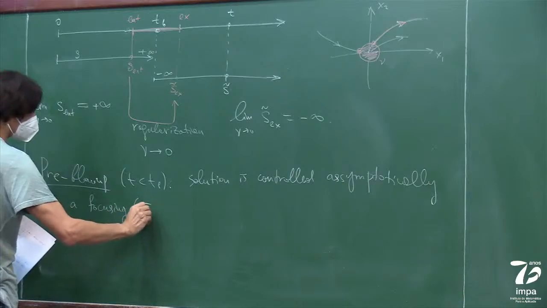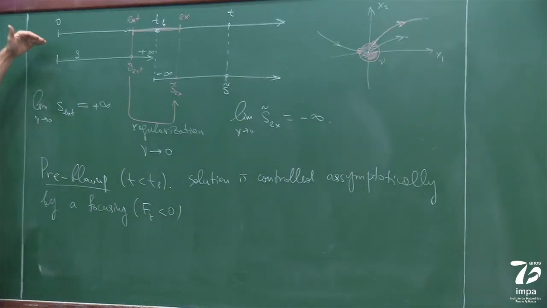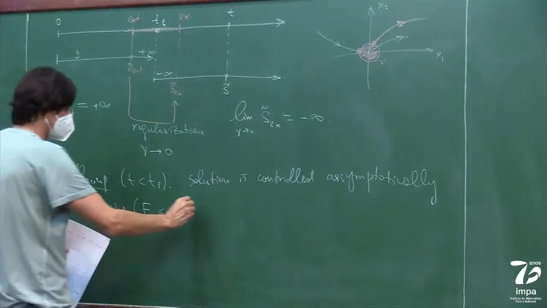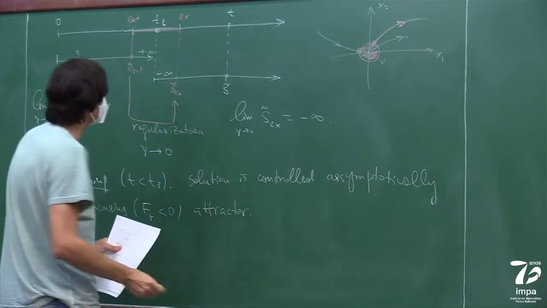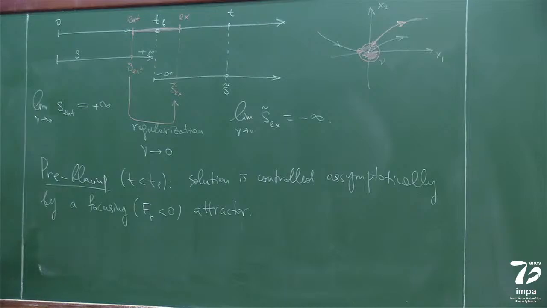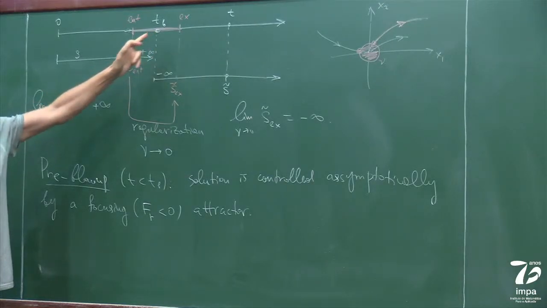Focusing means that it's an attractor which corresponds to FR negative. So it's a solution which approaches 0, attractor. Just because time goes to infinity, if you're in the basin of some attractor, you will approach this attractor asymptotically, and this will define what happens very close to TB before.